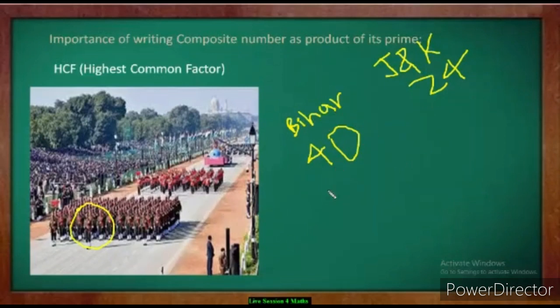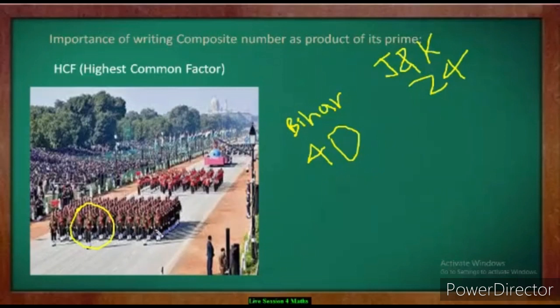Now the leader is given one task, to shuffle these two groups for the training. And my dear, in this march past, in every row and every column the number of soldiers is equal.